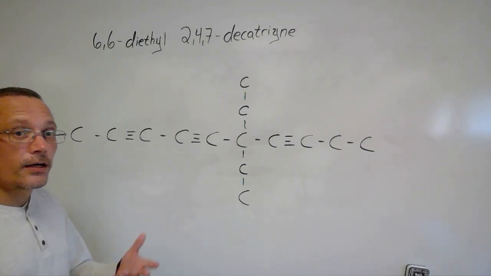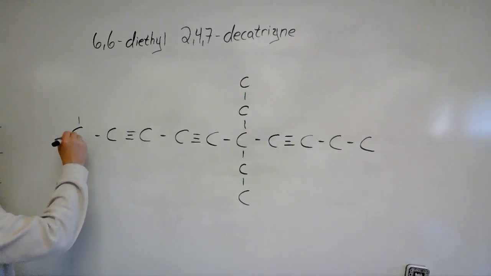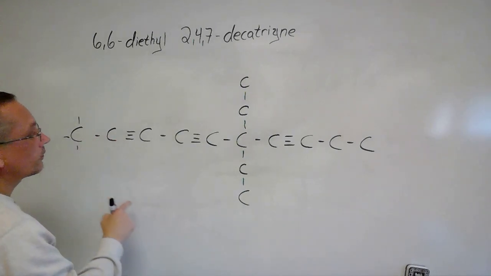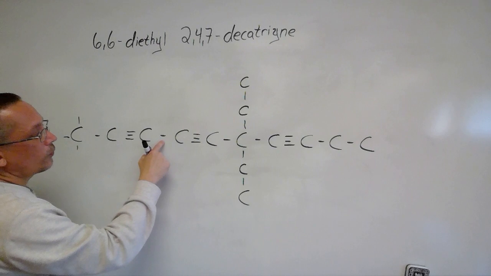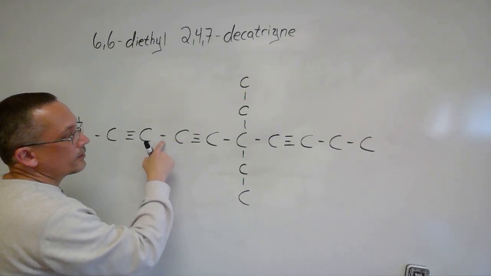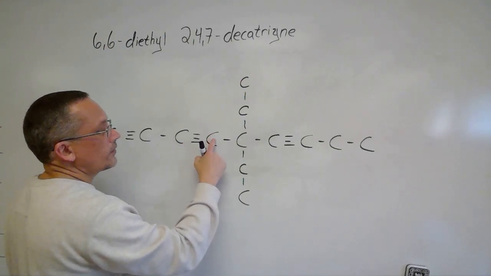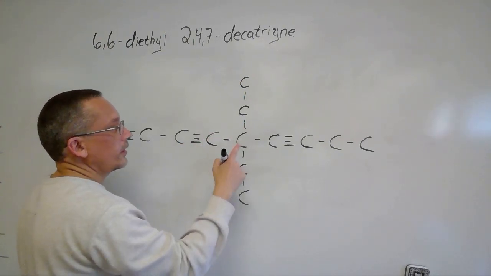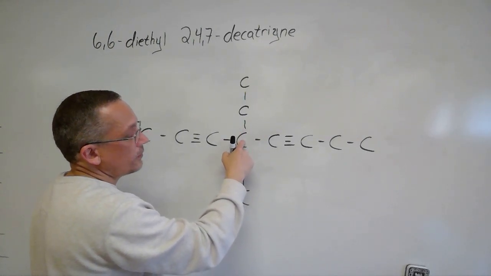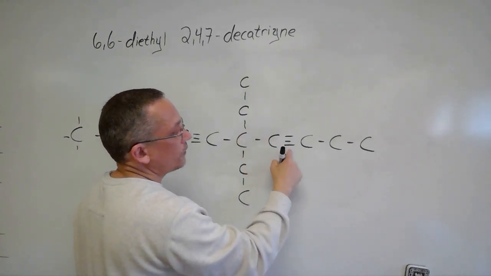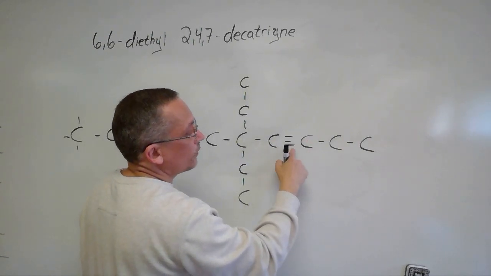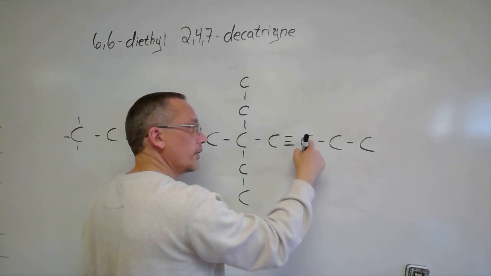And then let's go through and add our hydrogens. So this one needs 3 more. This one has 1, 2, 3, 4 bonds already, so it's good. This one has 4 bonds already, so it's good. The next ones also have 4 bonds already, so they're good.